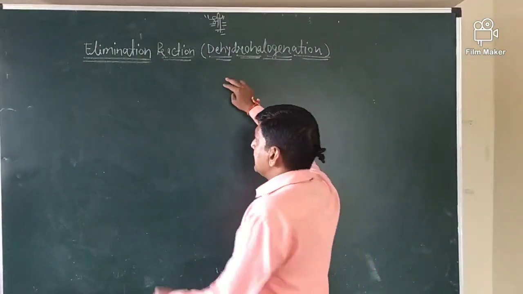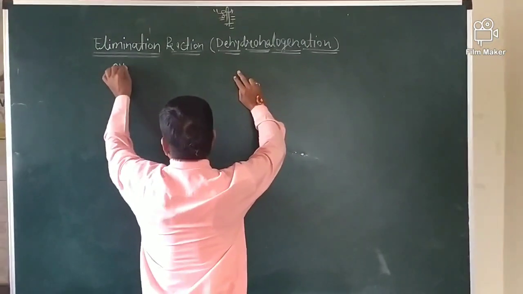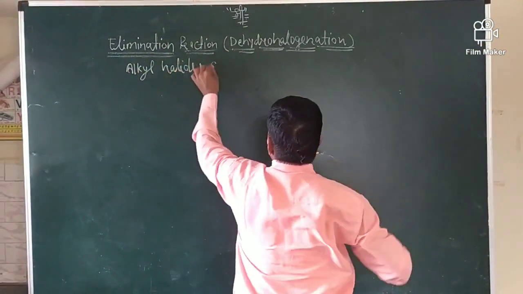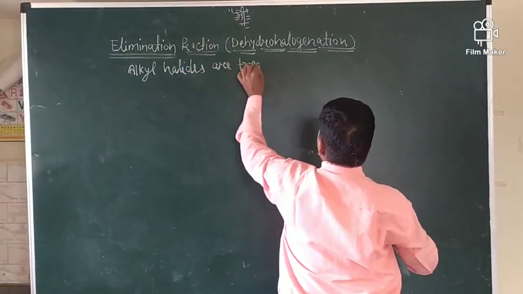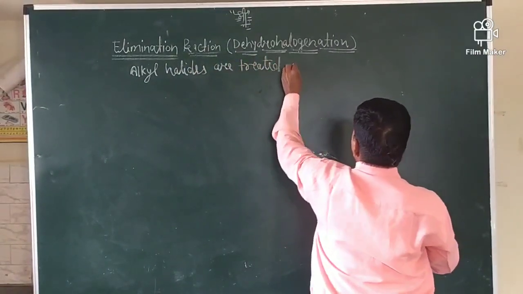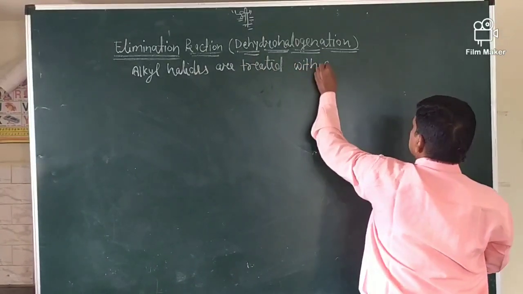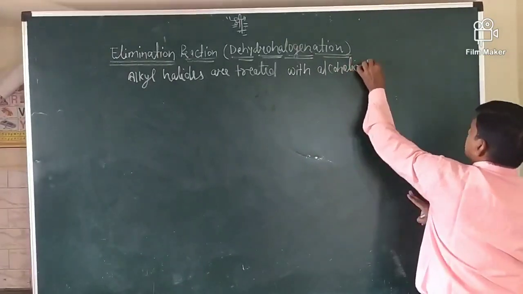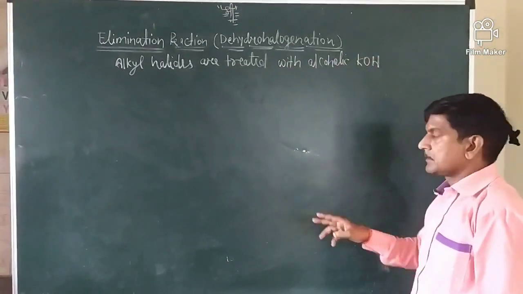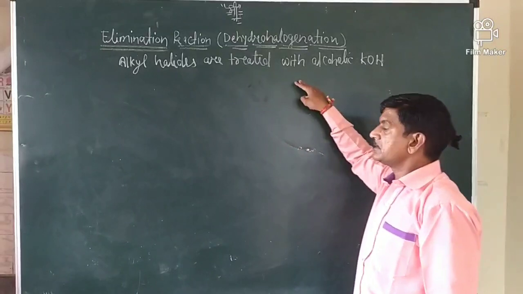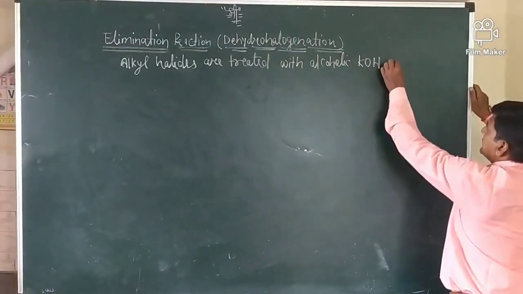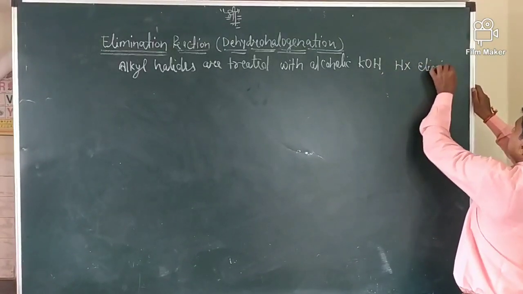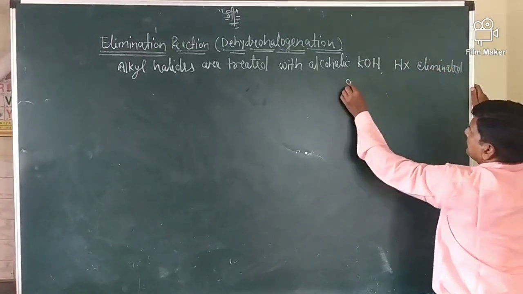So when alkyl halides are treated with alcoholic potassium hydroxide, KOH, hydrogen halide is eliminated and an olefin is formed.